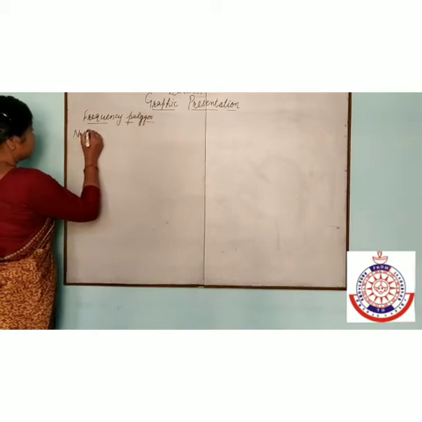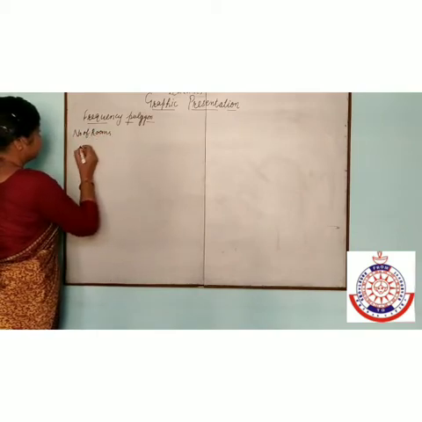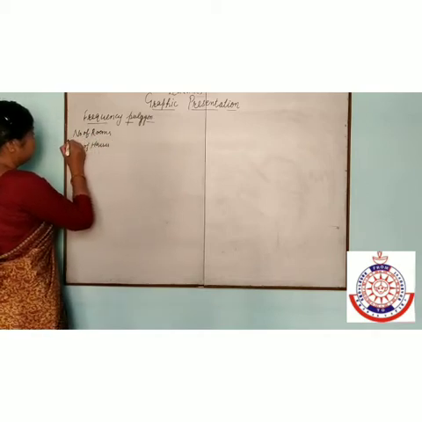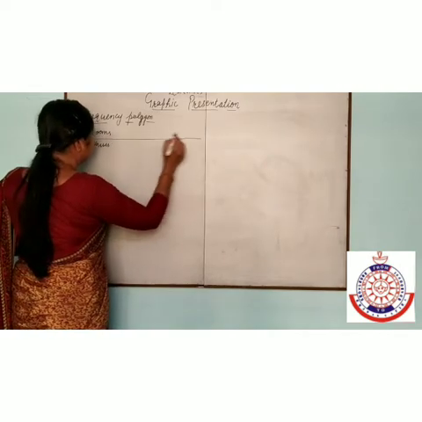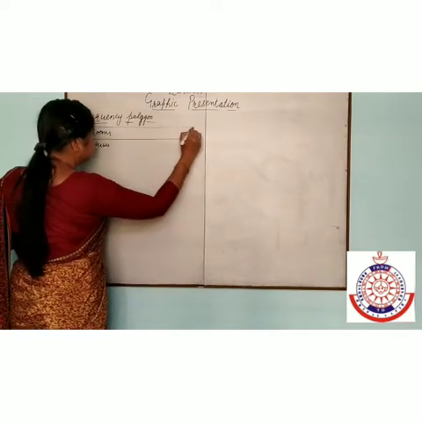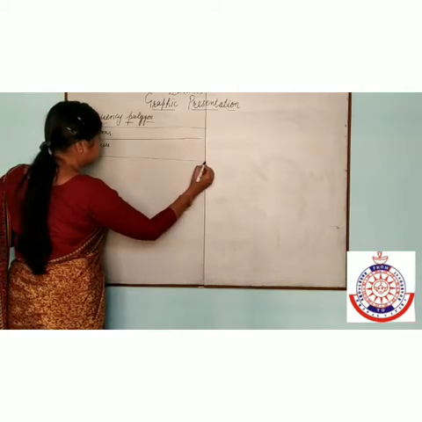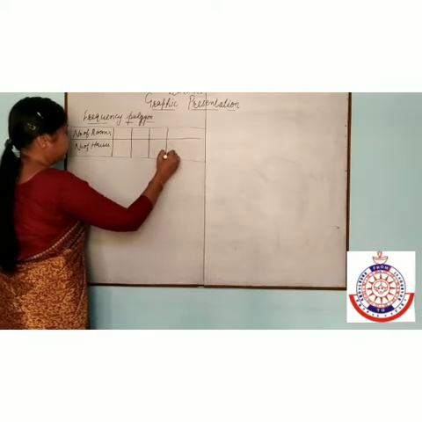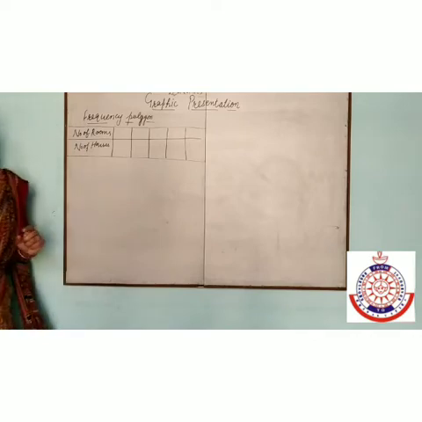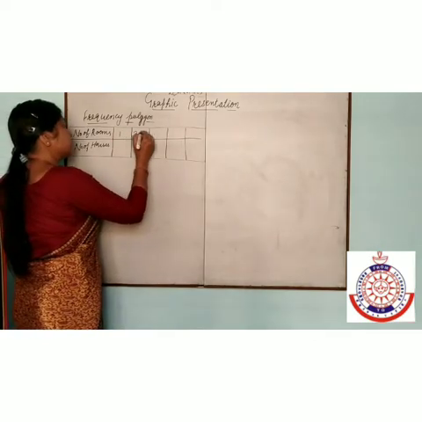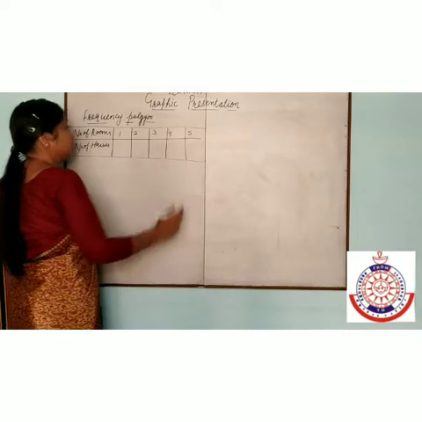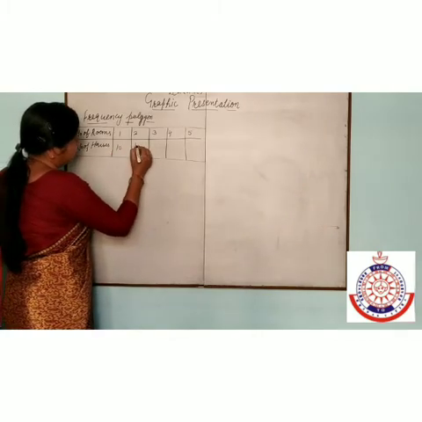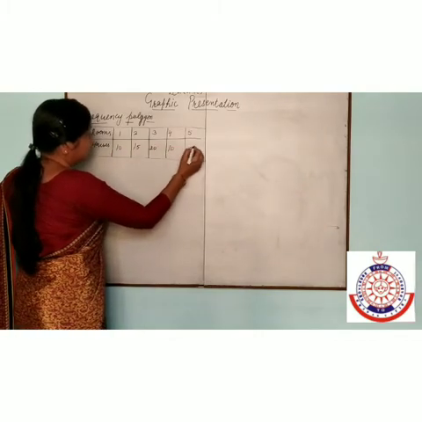Number of rooms is 1, 2, 3, 4, 5. And the number of houses is 10, 15, 20, 10 and 5.